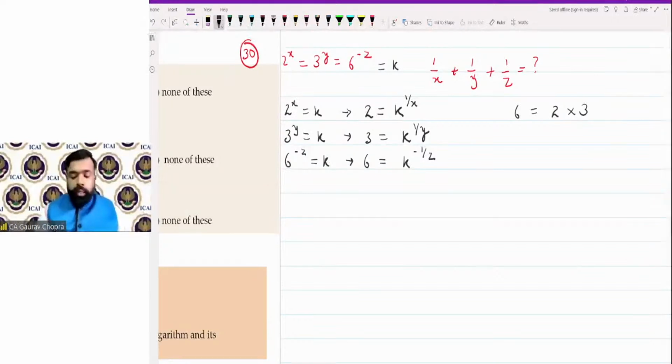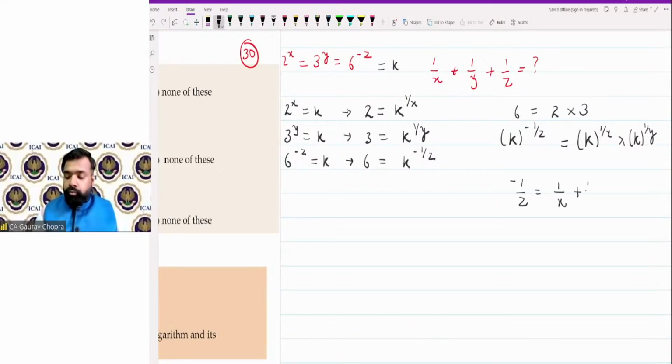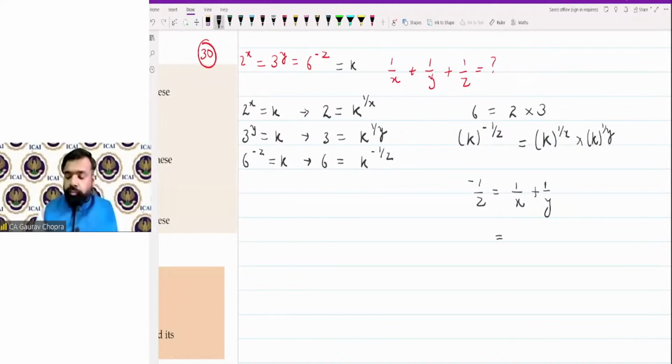So what is the value of 6? It is k to the power of minus 1 by z. What is 2? k to the power of 1 by x, and 3, k to the power of 1 by y. So base is same. We can equate the power. So minus 1 by z is equal to 1 by x plus 1 by y. Now 1 by z will go on other side and become positive.